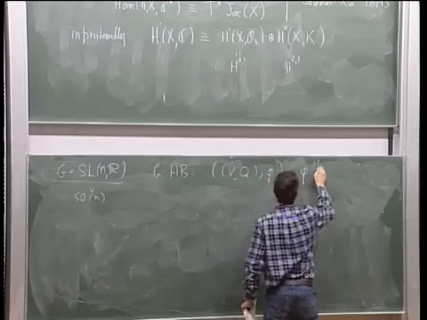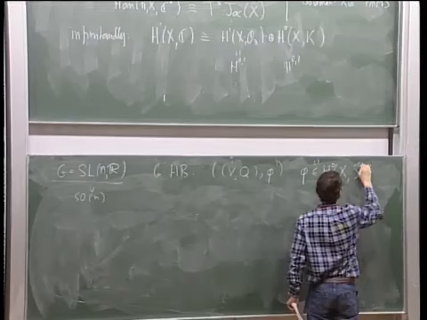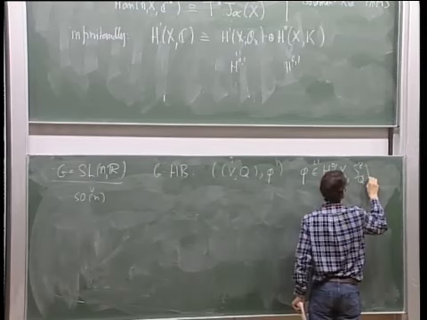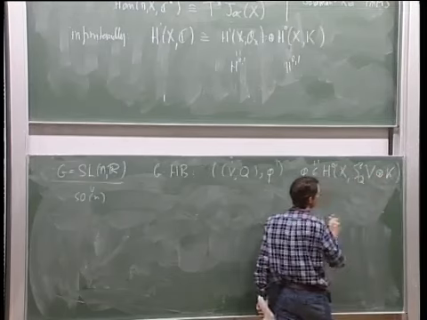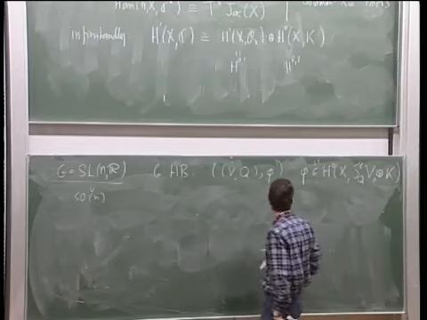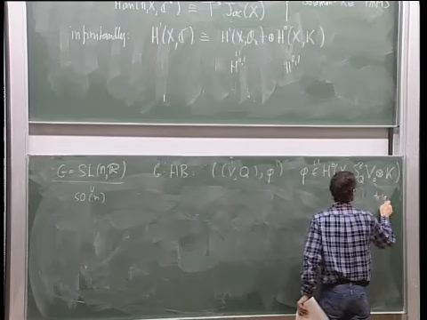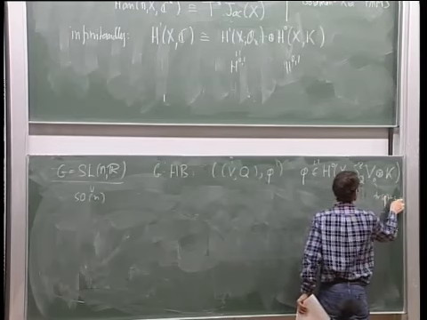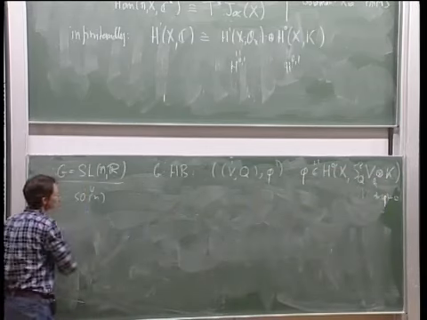So phi is in H0(X), symmetric endomorphisms with respect to the quadratic form of V, and we should take the trace of phi. Trace of phi equal to 0, just because we've fixed the determinant.